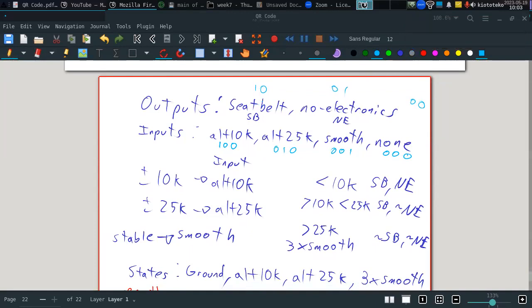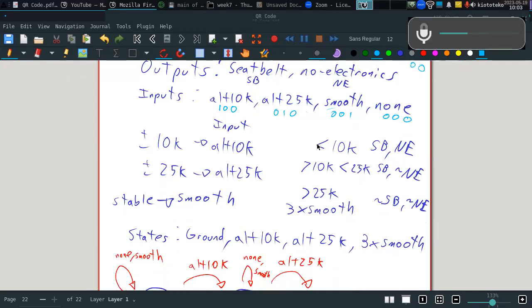You only have 2 bits, but for the inputs, you can. It's only one hot state encoding because you only have a 1 and zeros. There's never a possibility of having more than 1 in this vector. Or for the output, you can have that. No, so output is not one hot state encoding.